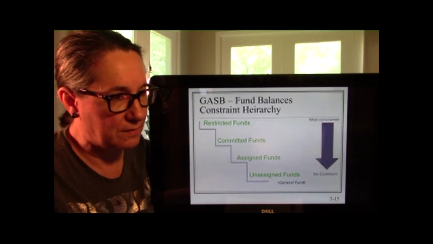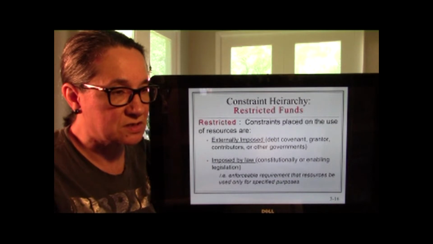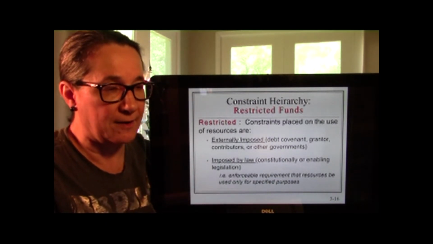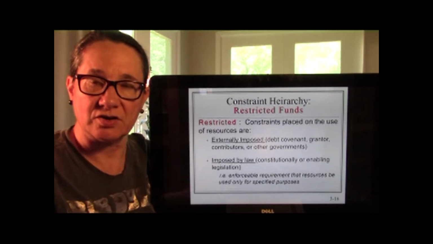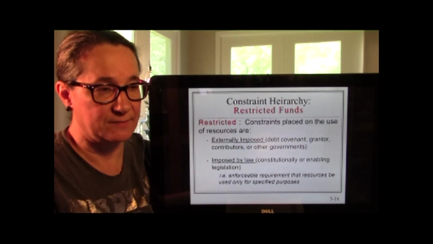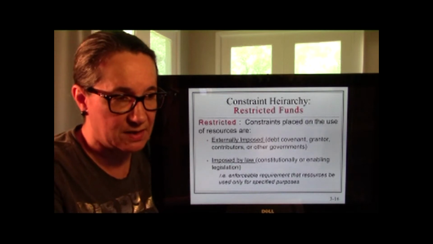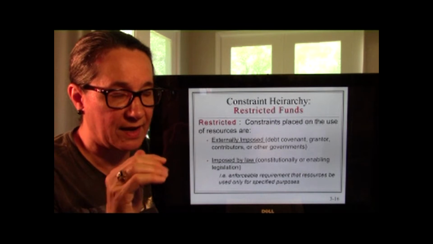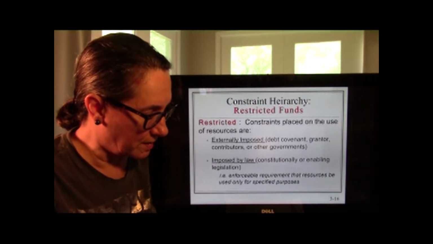All right. So restricted, that's the most constrained. It's easy to remember because it's kind of forced on you. Somebody's saying you have to set these funds aside. So they're spendable, I can use these funds, but I can only spend them in a certain way, and somebody else says so.